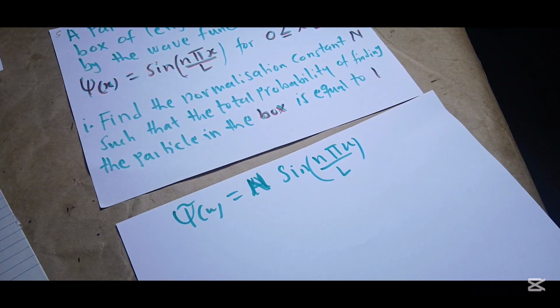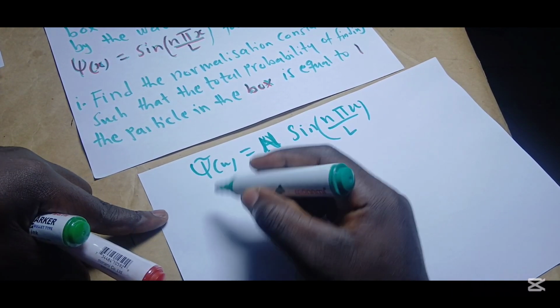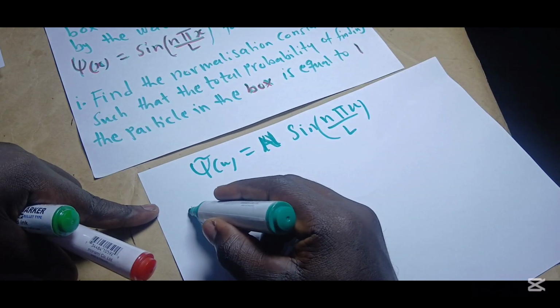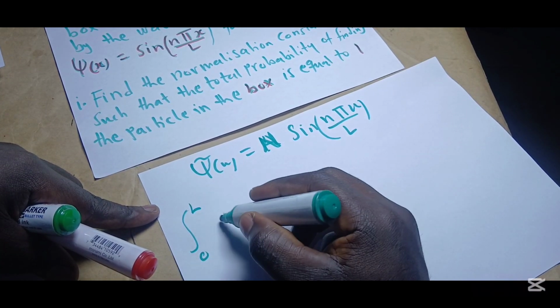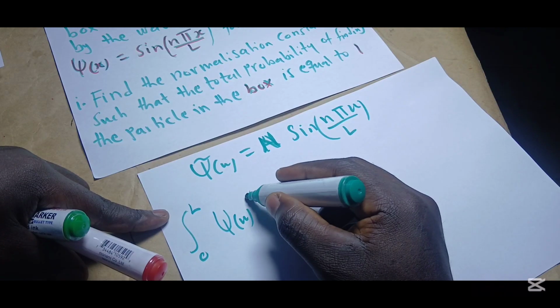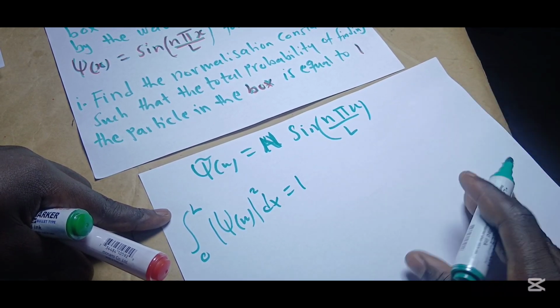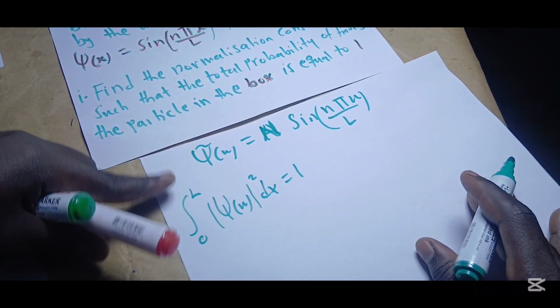So now we proceed. The integral, the limit is from 0 to L. So the integral from 0 to L of psi of x squared dx should be equal to 1.